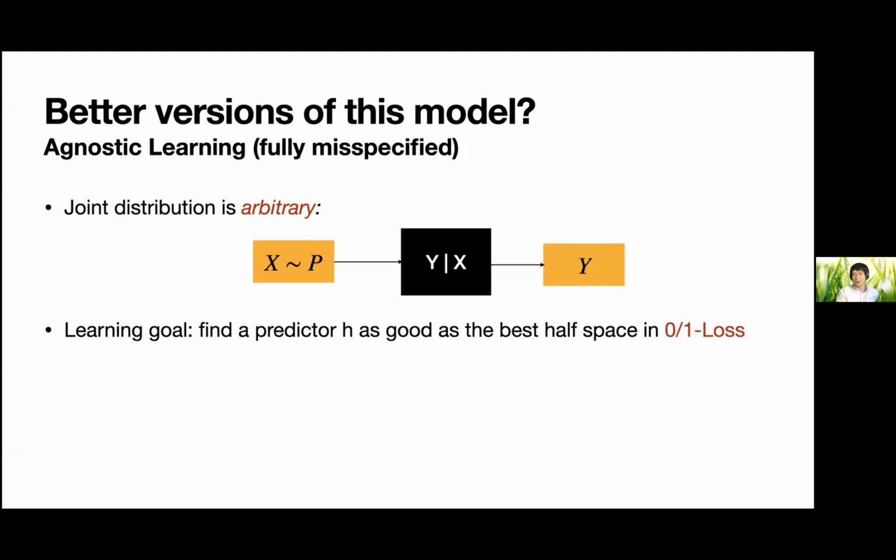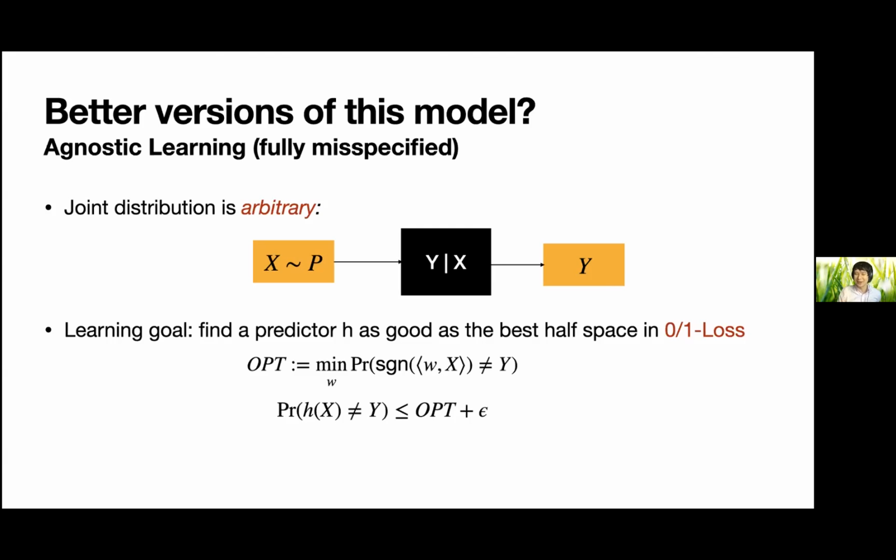So the goal, to be more precise, is really to find a predictor which is as good as the best half space. And when we say as good, it's measured in 0-1 loss, which is just the proportion of the labels that you get correct. Some notation I'll use in the remainder of the talk: opt will always be the best possible misclassification rate.